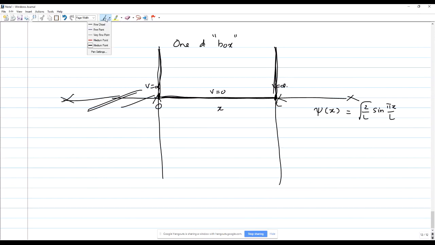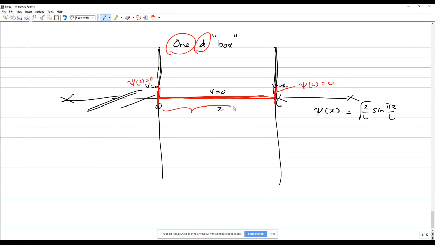The particle is limited in its motion only to this region, namely x equal to 0 to L. So the coordinate that you have to worry about in this problem is one-dimensional. The one-dimensional refers to the fact that x is from 0 to L. The rest of it is only pictorial. It's only to illustrate that the potential is infinity. Therefore, here the psi is 0, and here the psi is 0.